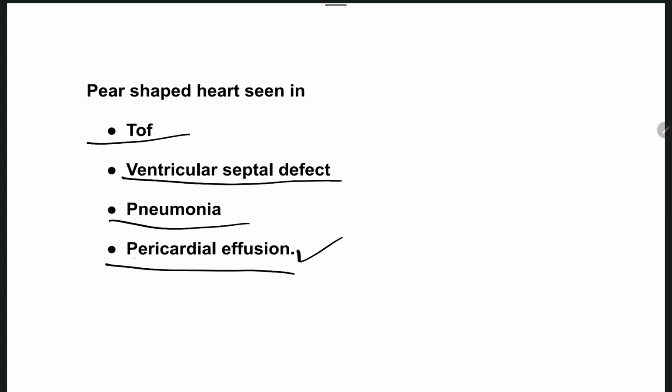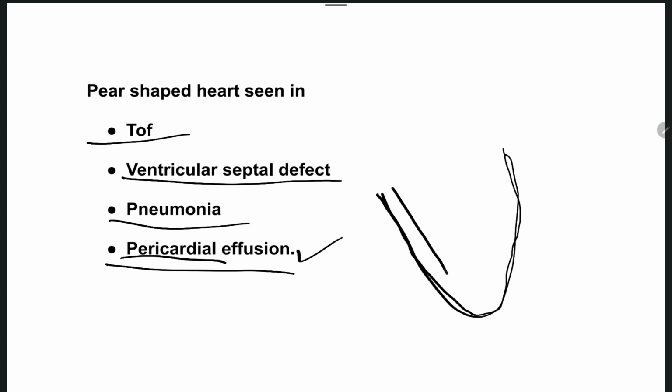The pericardium is the covering layer of the heart, and in this we have the heart. In between the two we have some fluid for normal purposes, to prevent friction when the heart is beating. So in pericardial effusion, there is excessive accumulation of the pericardial fluid, that is pericardial effusion.